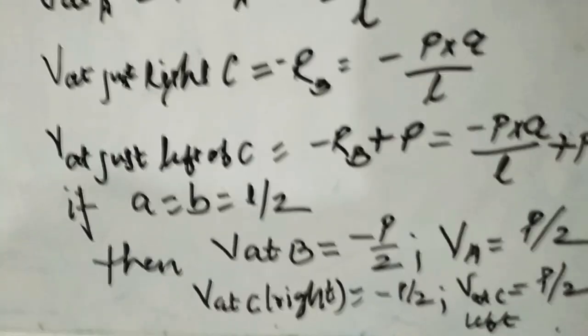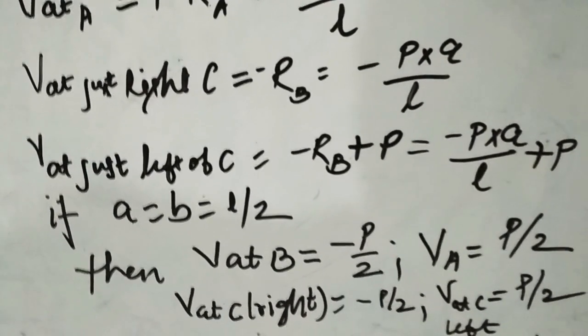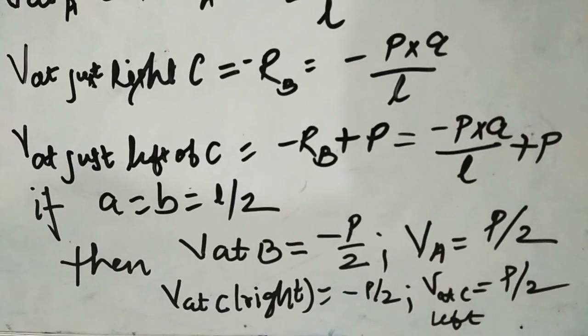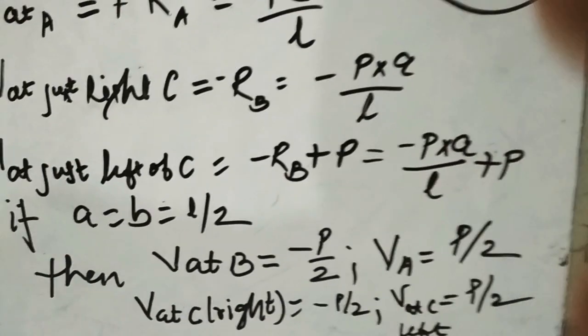So there are two values of shear force at point C, that is just right of C, minus P by 2, and just left of C, that is P by 2.